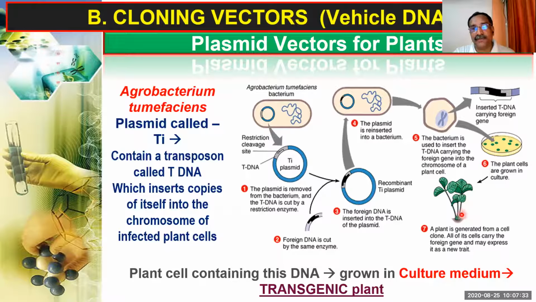This plant is called a transgenic plant. So this is Agrobacterium tumefaciens, the TI plasmid, also called tDNA.